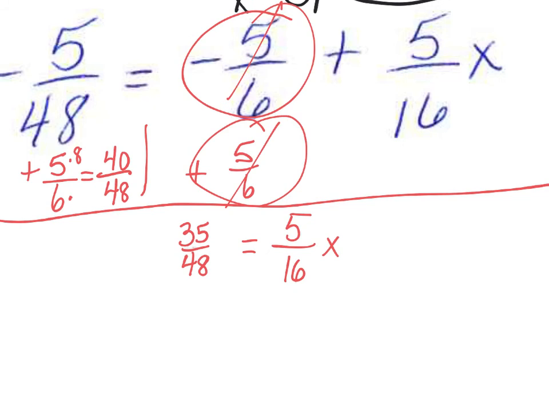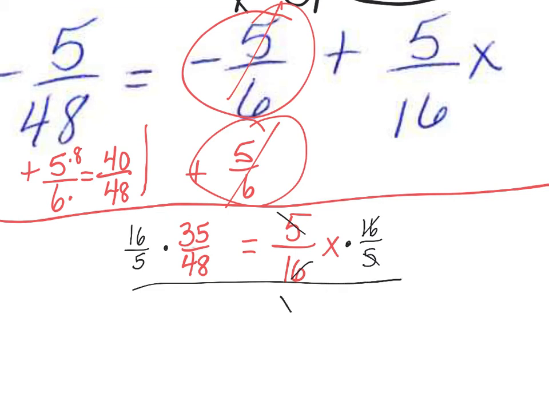Okay, now let's multiply both sides by the reciprocal of 5/16. What's the reciprocal of that? 16/5. And ask yourself, do these cancel? Okay.